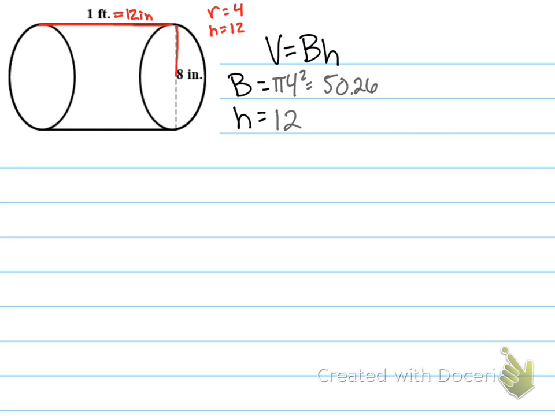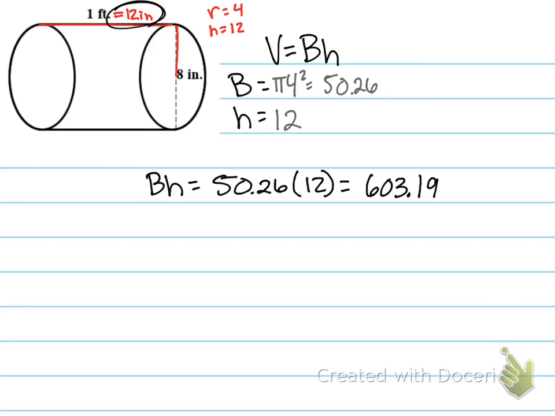And to get my answer, I'm going to get B times H, which is 50.26 times 12, and our volume is going to be equal to 603.19, and it's not going to be feet cubed, it's going to be inches because we converted the foot to inches, so it'll be inches cubed.